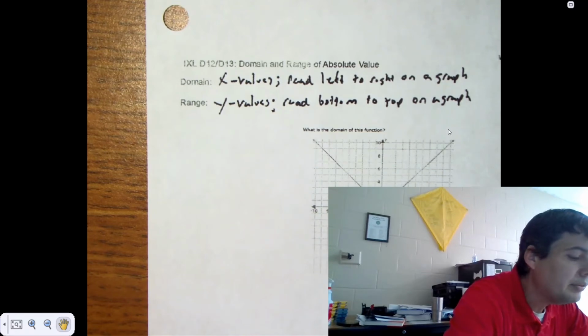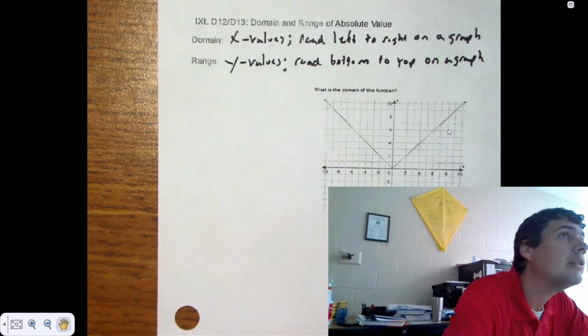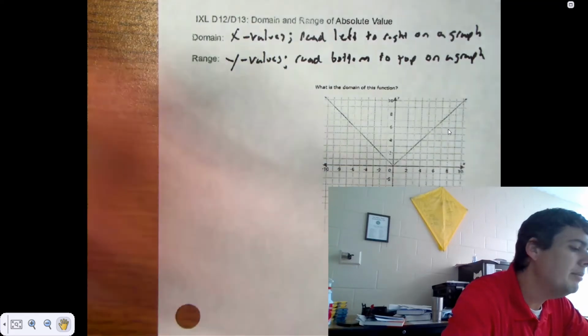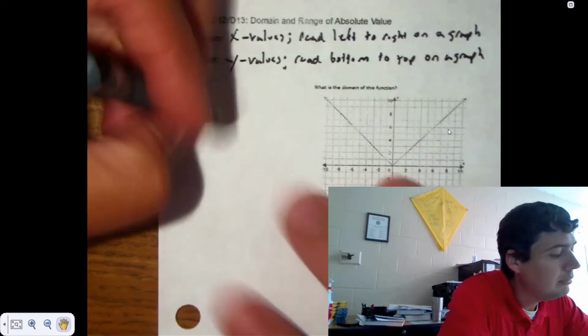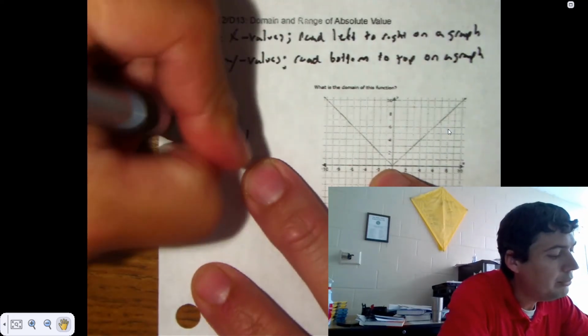Now, we have a function in front of us. I shrunk it so not all your numbers show up. But does anybody know what this is the graph of? This is the mother function. Y equals what?